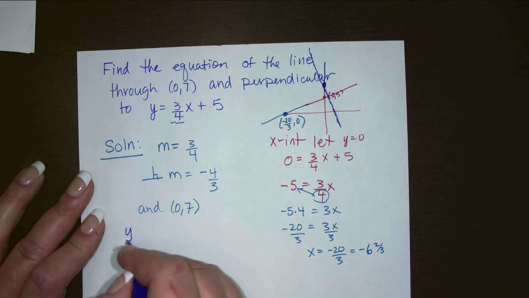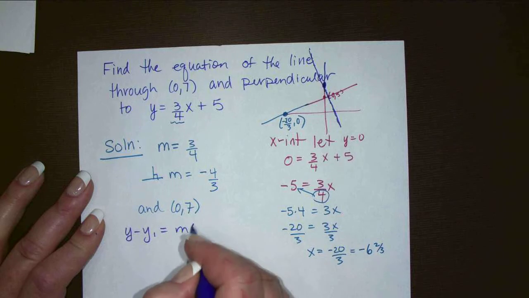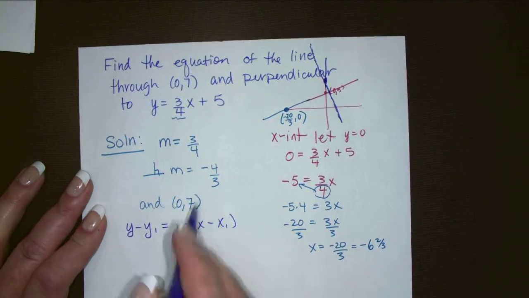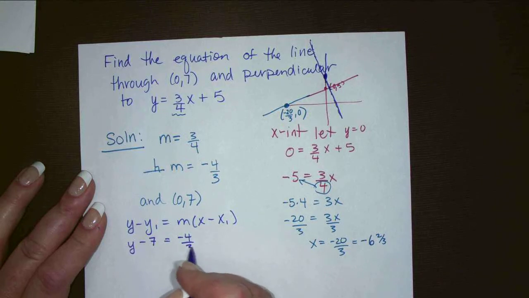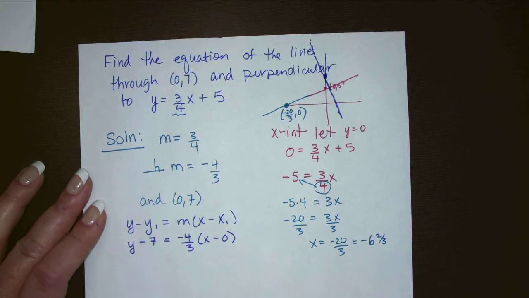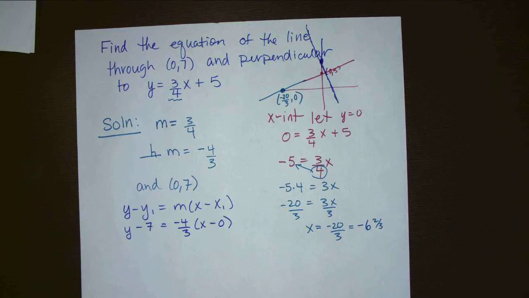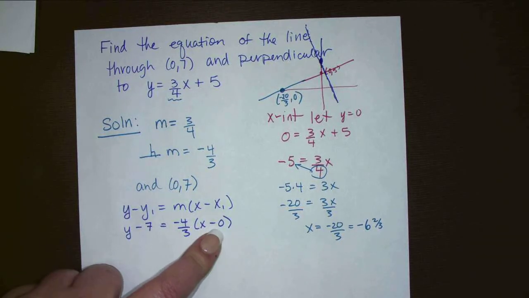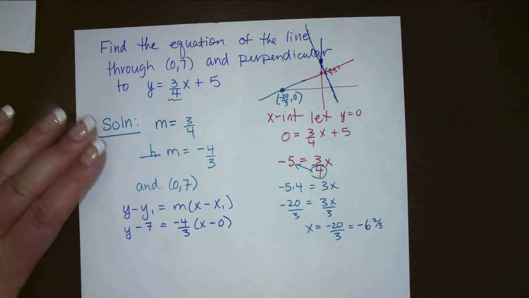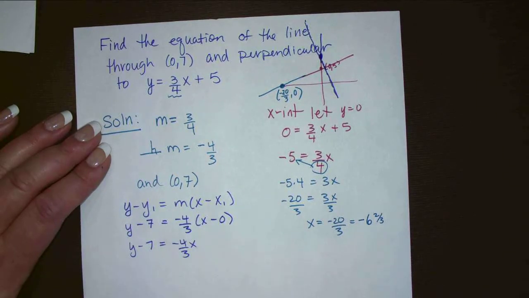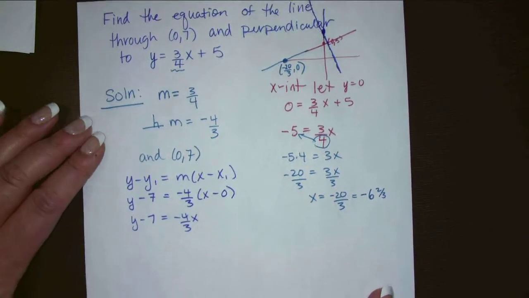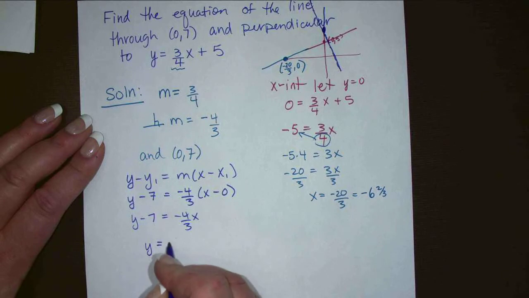Now, if we fill this in, if we want to follow a recipe, we would always use this equation. Plug it in. What's x minus 0? Just x. And move the 7 over.